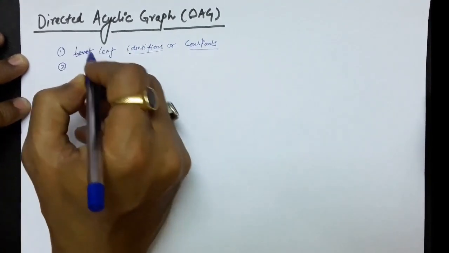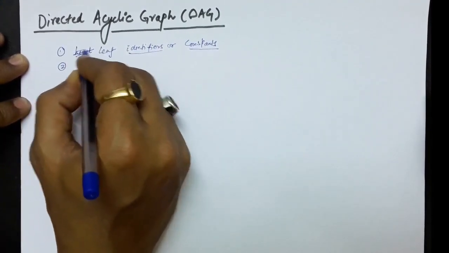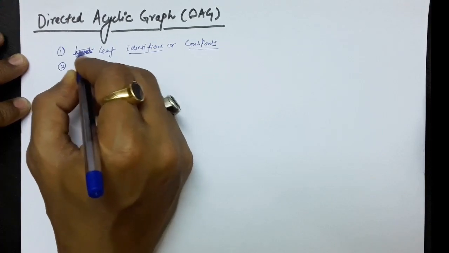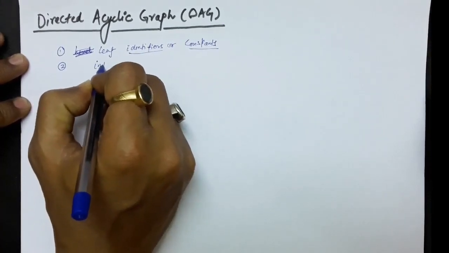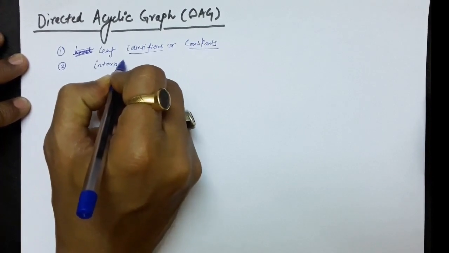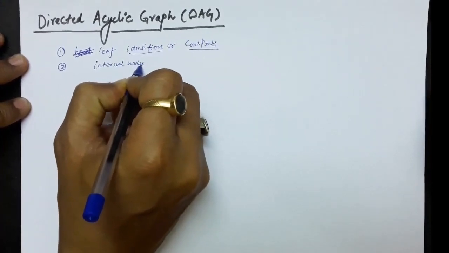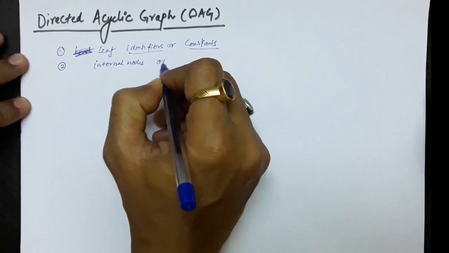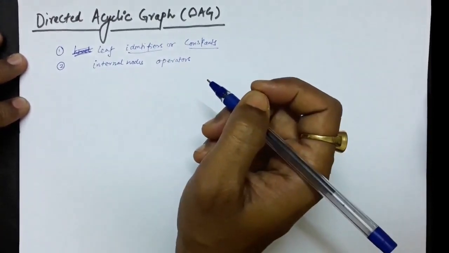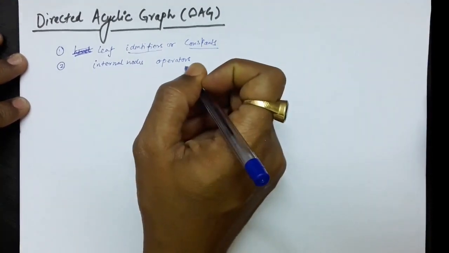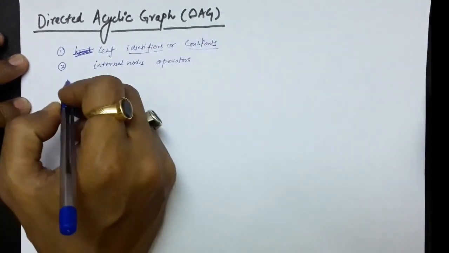In this graph, there will be some internal nodes also. Leaf node means there will be no further extension after the leaf node, but the internal nodes will have some extensions. So what will be the internal nodes? Internal nodes will be the operators. Fine. So the internal nodes signify the operators.